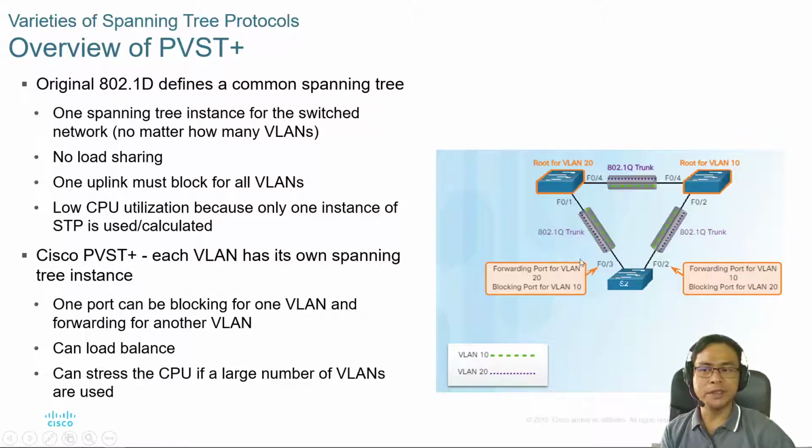Pero forwarding siya ni VLAN 20. Okay? Dito naman forwarding siya ni VLAN 10. So, kasi nga per VLAN. So, yun yung difference between 802.1D and PVST Plus. Okay? It can load balance, but can stress the CPU if a large number of VLANs are used. Okay, imagine that.